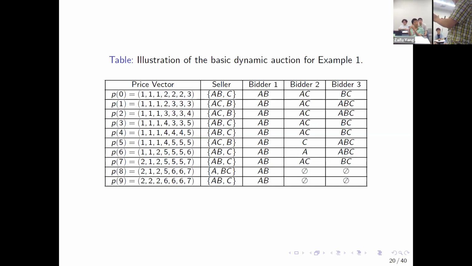But you see that the supply set is a partition of items, so you cannot have such an intersection. Both bundles have non-empty intersection. We cannot have that one. So we have to prove that this case can be excluded. Let me just show you this simple example, then you can get some idea about why this auction works.